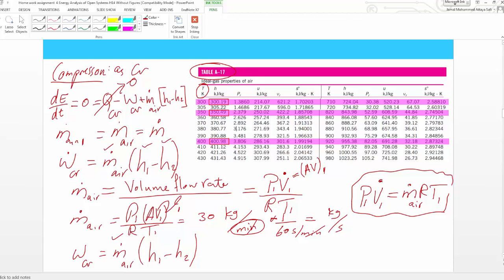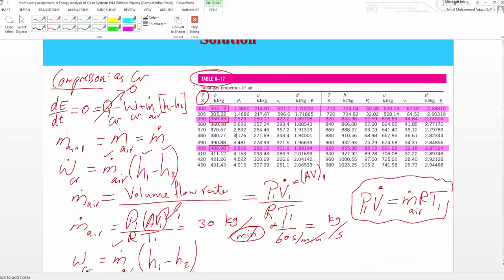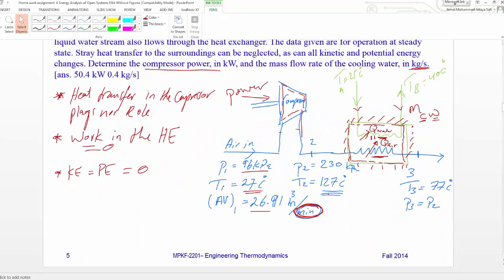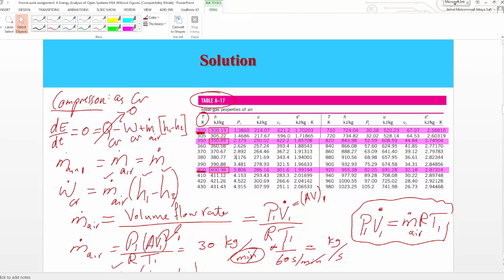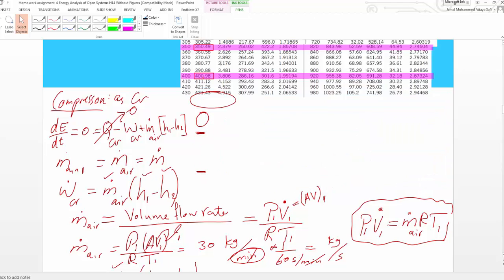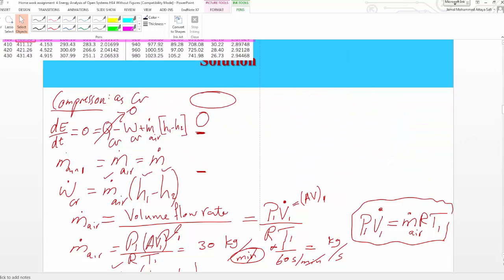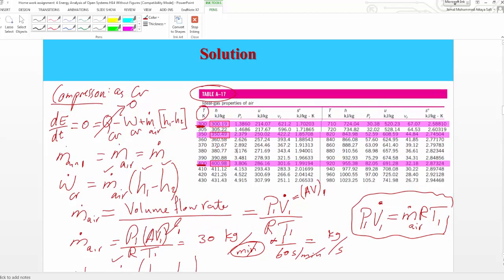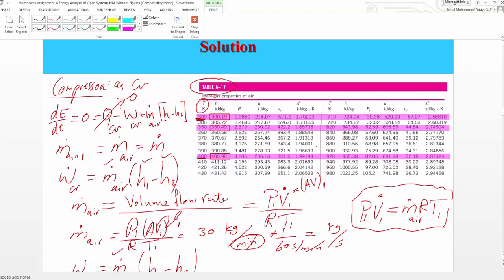The first temperature is 27, which in Kelvin is 300, and the other temperature is 127, so in Kelvin that's going to give you 400. So you read this is H1 and this is H2.